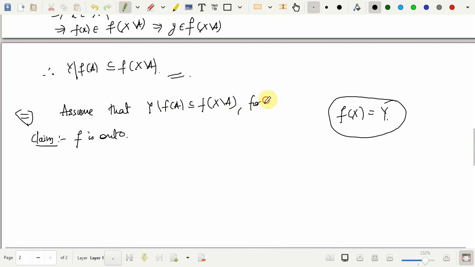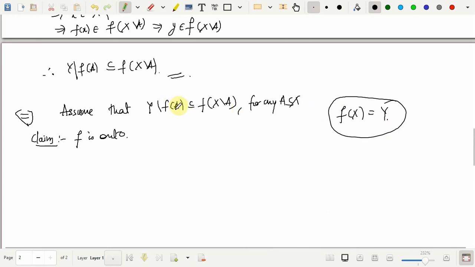This is true for any A. So you are given this. In fact, for a particular choice of A, if you can exhibit this relation, then you are done. Now that's clear from here.